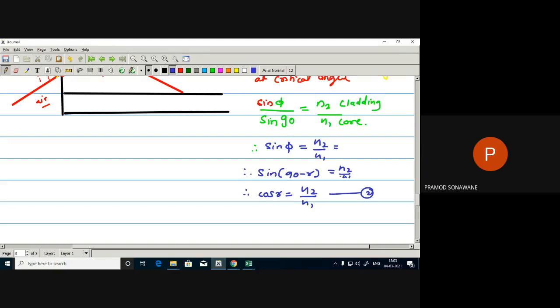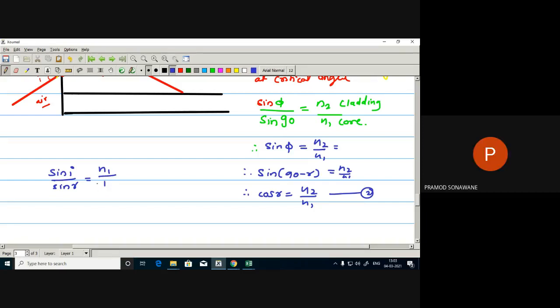Now come to the first case that you were just saying. So in that case what will come? Sin i upon sin r is equal to n1 divided by n2, air, meaning n1.